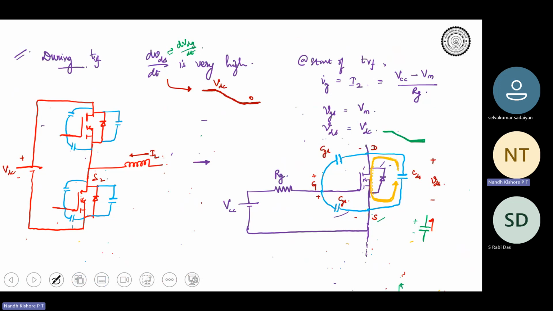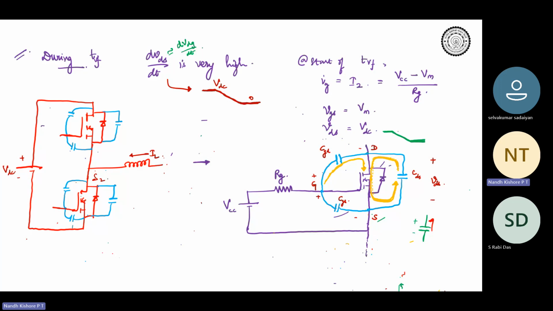Why are you telling that it will be from gate to drain? Correct, you're right. The point is dVds by dt is very high, or dVds by dt is the same as dVdg by dt, so dVdg by dt is kind of negative, correct? That means you are taking away charge from the capacitance.